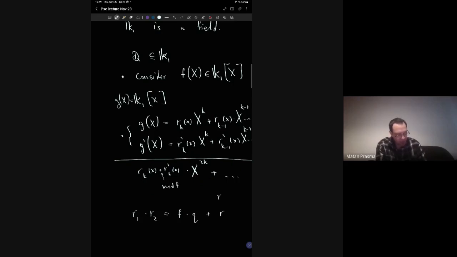With r, the degree of r is strictly smaller than the degree of f. It's like in integers, right? Yeah, makes sense. Okay, and then I throw away this part. I don't care. I just say r1 r2 is equal to r modulo f.